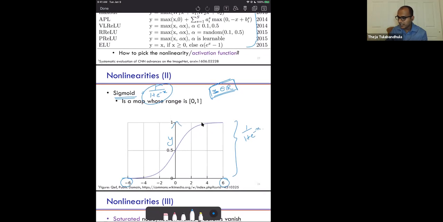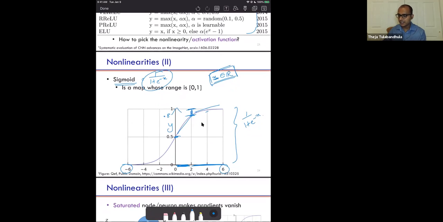For example, if I vary x from 2 to 6, which is 4 units here, y only varied from maybe 0.8 to 1. Whereas if I varied x from 0 to 2, then the variation was from 0.5 to 0.8. So there's a difference in this variation, and that's why it's a nonlinear function.